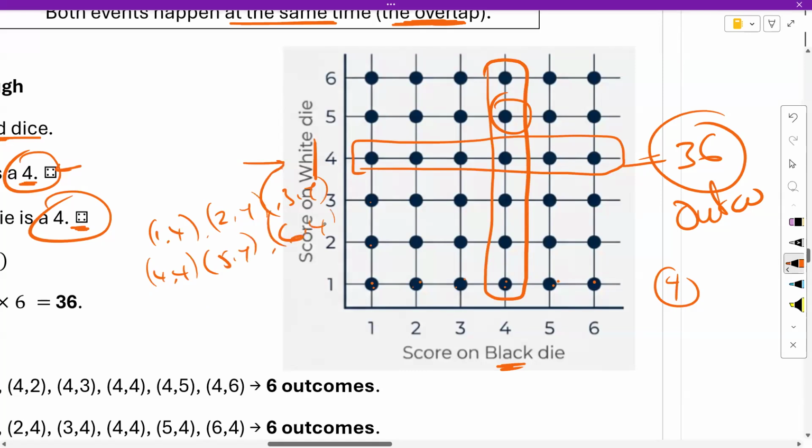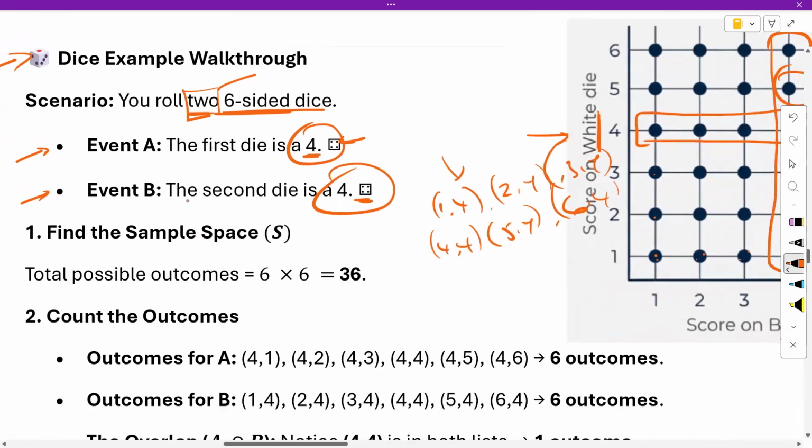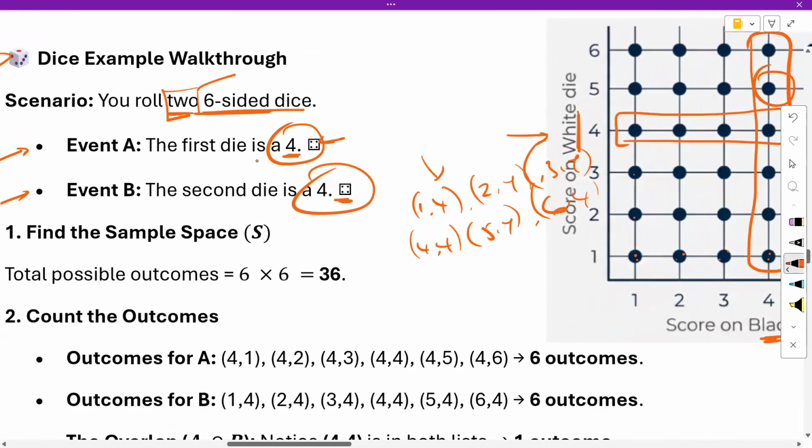How many in the second row? 6, right? So actually this is B, the second die 4. There are 6 outcomes.